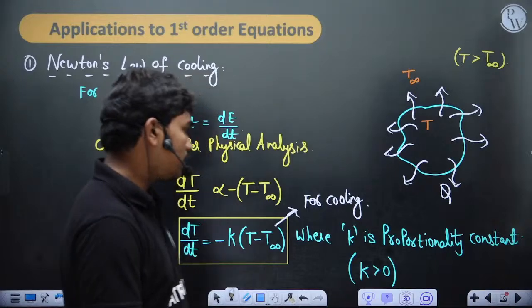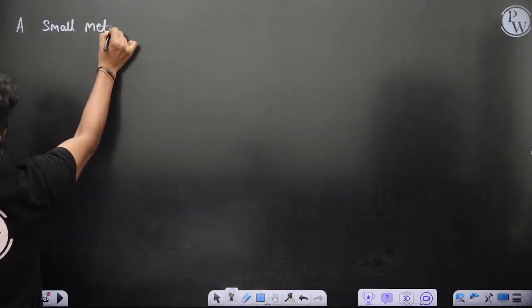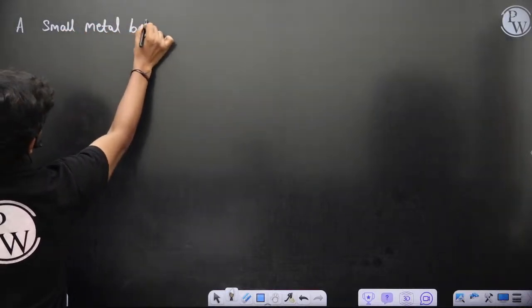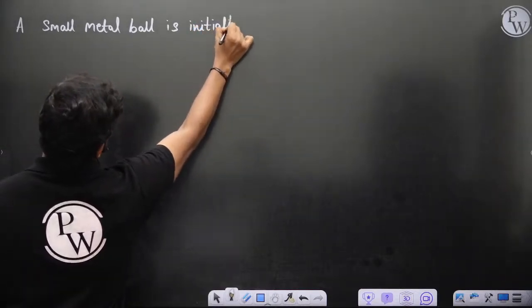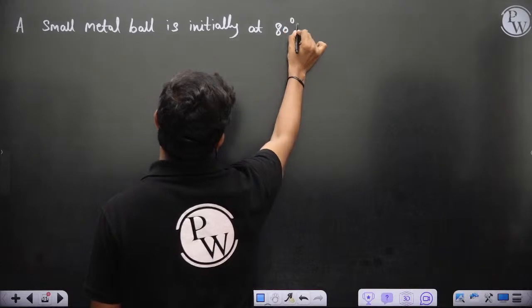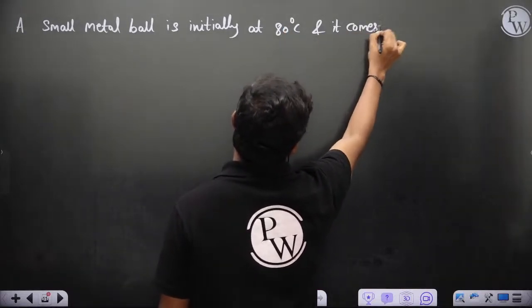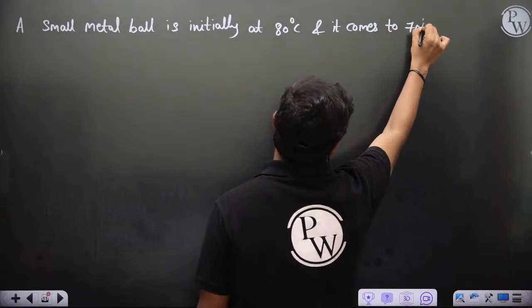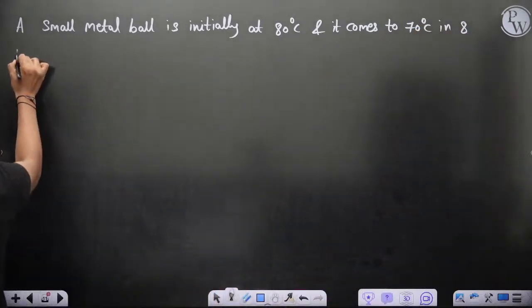Then let's see, I'll ask you a question now. Try to understand. A small metal ball, say for example a copper ball, is initially at 80 degrees Celsius, and it comes to 70 degrees Celsius in 8 minutes, on average, if you put it in air.